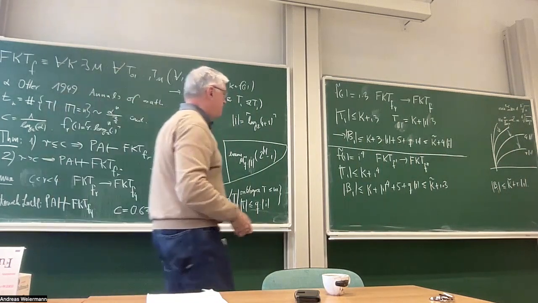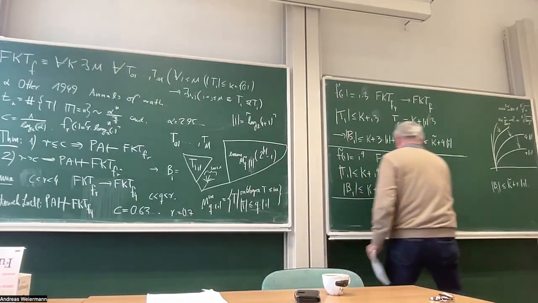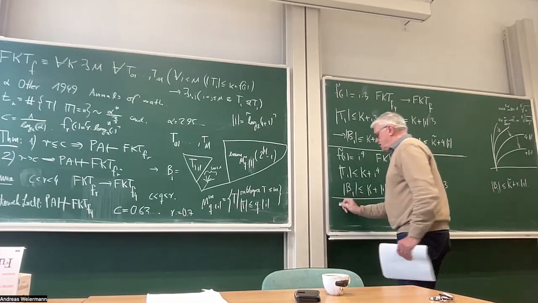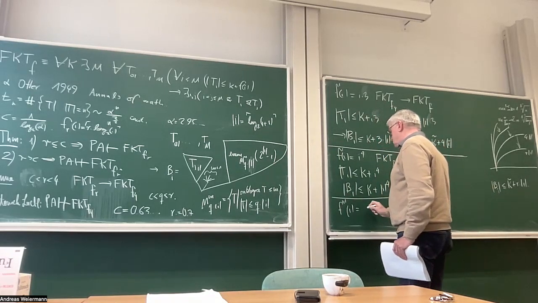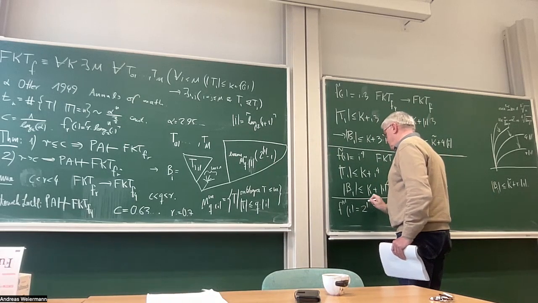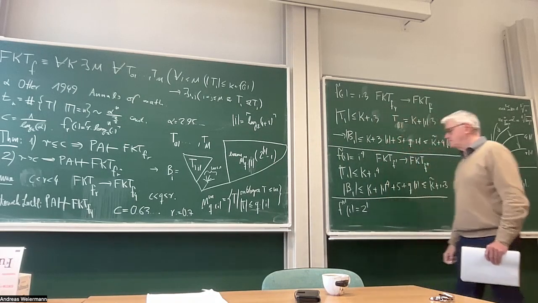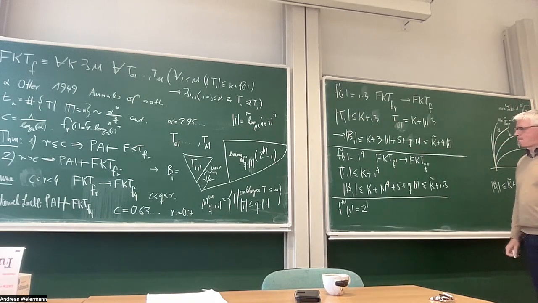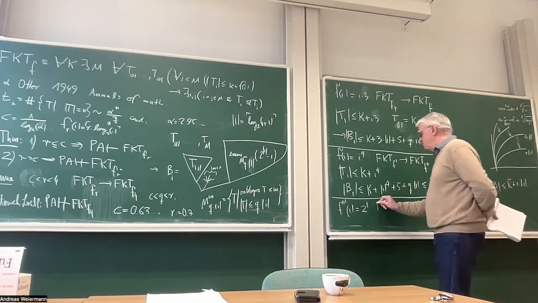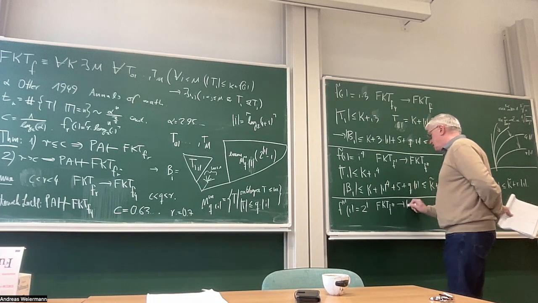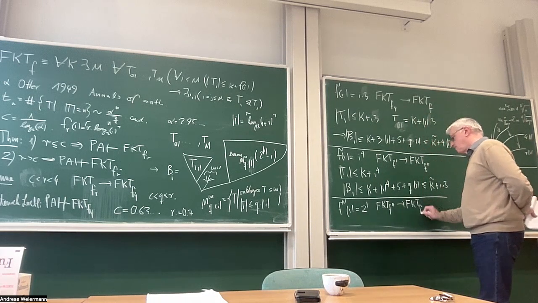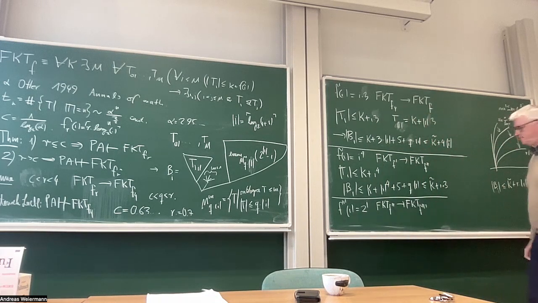Next step is we take the function f of i. Let us check what's going to happen if I have here an exponential function. What I want to have is FKT for f double prime implies FKT for f triple prime. How does this go?